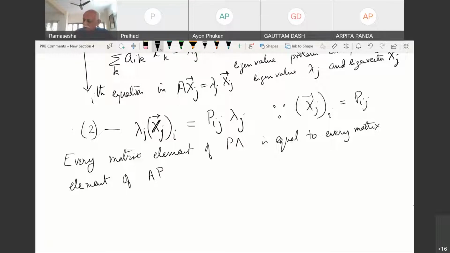Because I and J are general. I just took a general element of AP and showed that it was equal to the general element of P lambda. So I can say that AP is equal to P lambda.